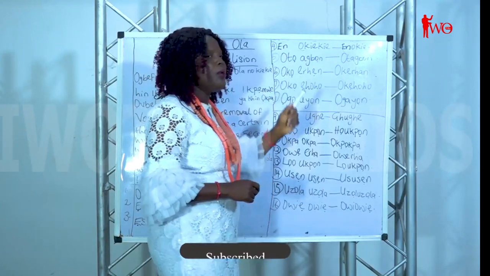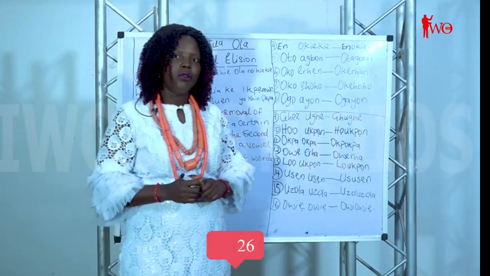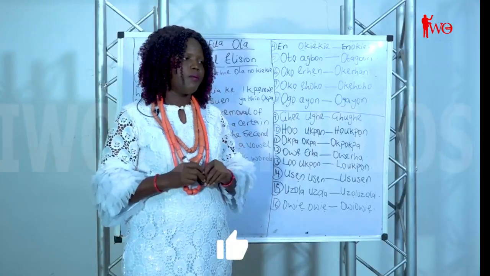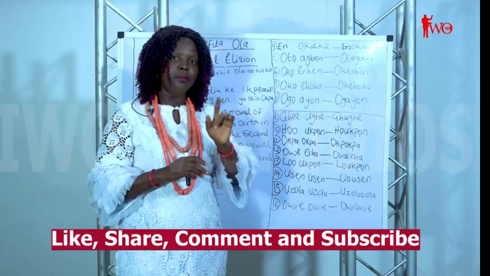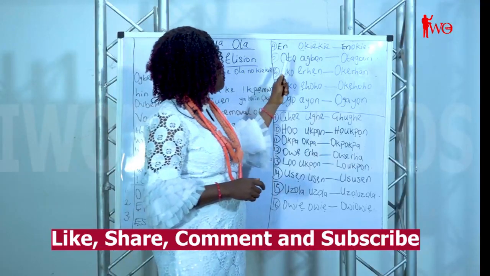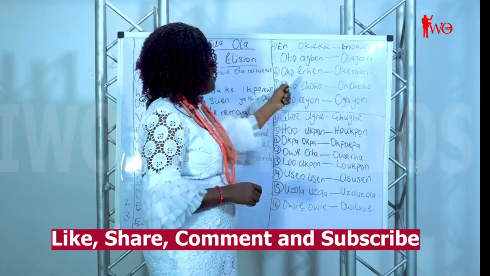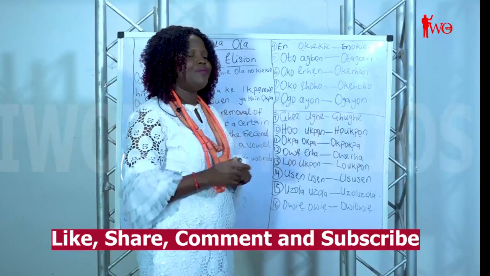The next one is Oko ere. Oko means boat, B-O-A-T. Ere means fire.